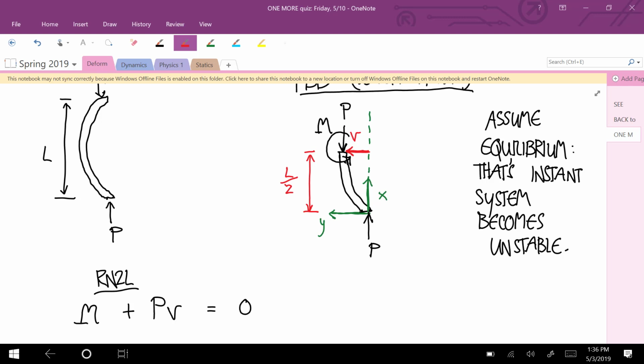Yes, that's right, because you can see that this moment is going to make it rotate counterclockwise around that base point. Before it looked like it was making it rotate clockwise, but that was just because we had a negative V, and it's sort of hard to show that.